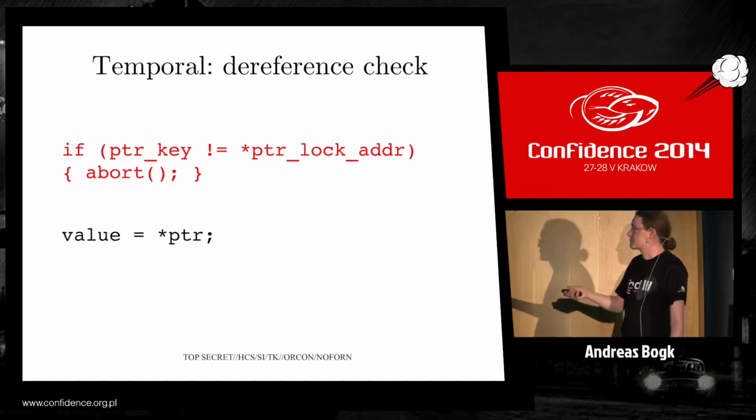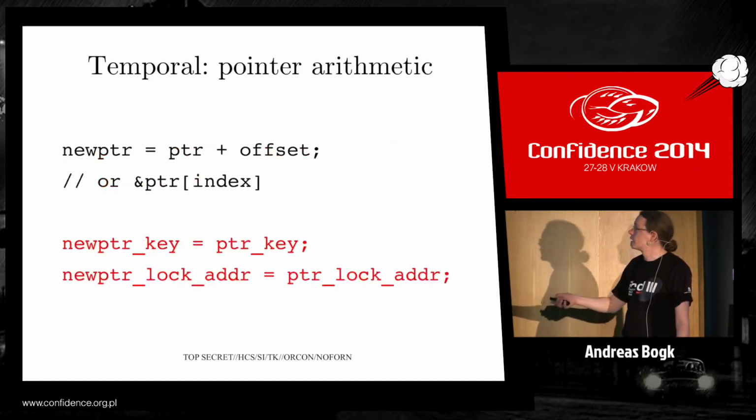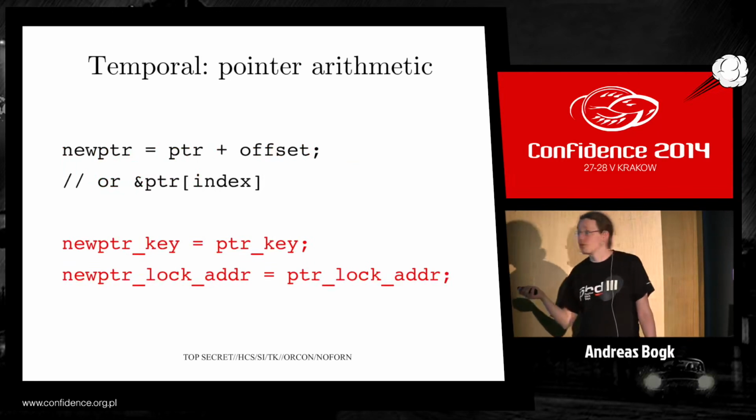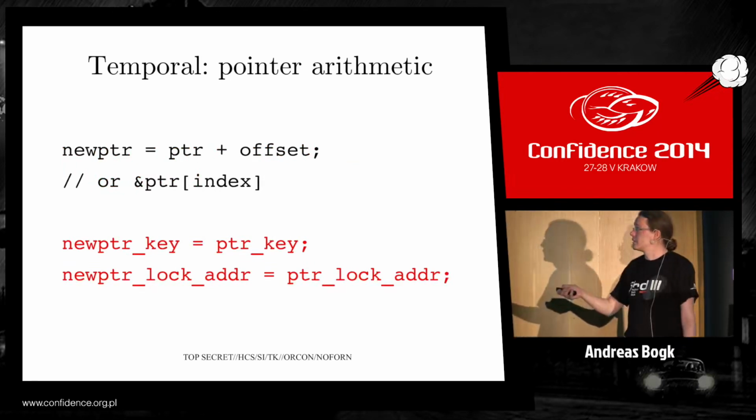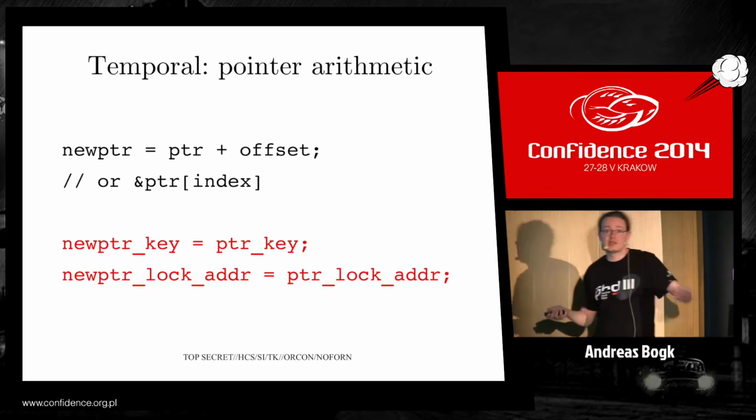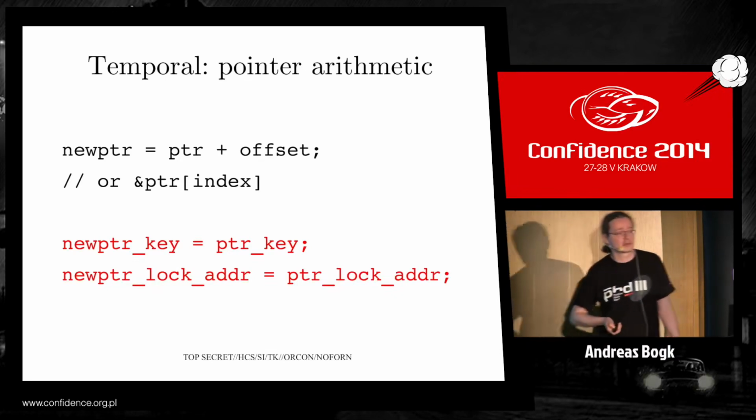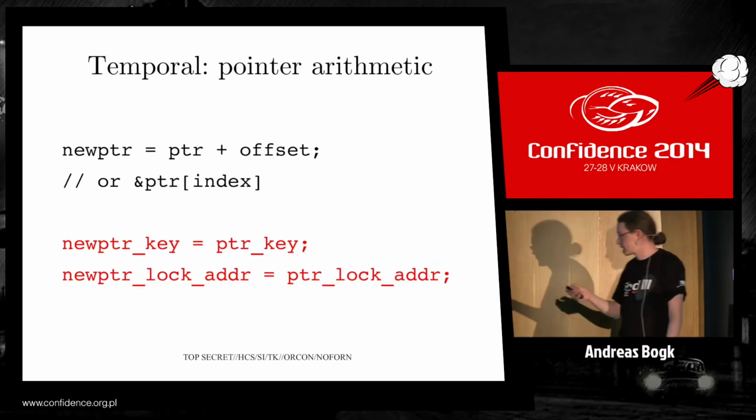On pointer access, what we do is we check whether the key value matches the value stored in the lock address. Remember, on free, we are setting that to invalid. So if the object is correctly allocated and we didn't call free yet, then that key value will match the value stored in the lock. So the key matches the lock, we can go ahead and use the pointer.